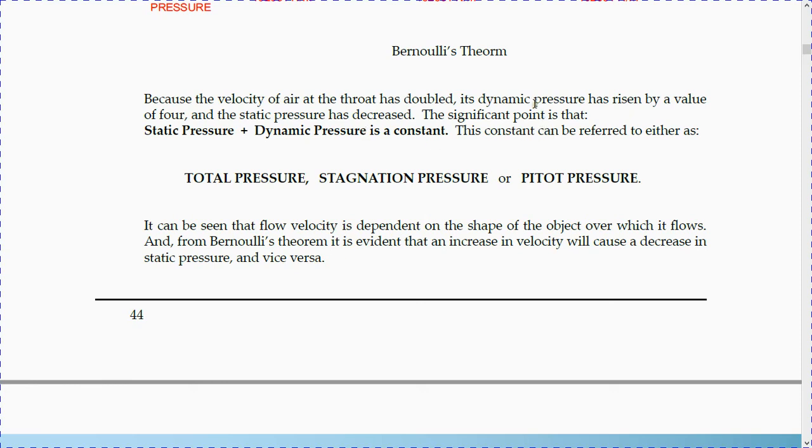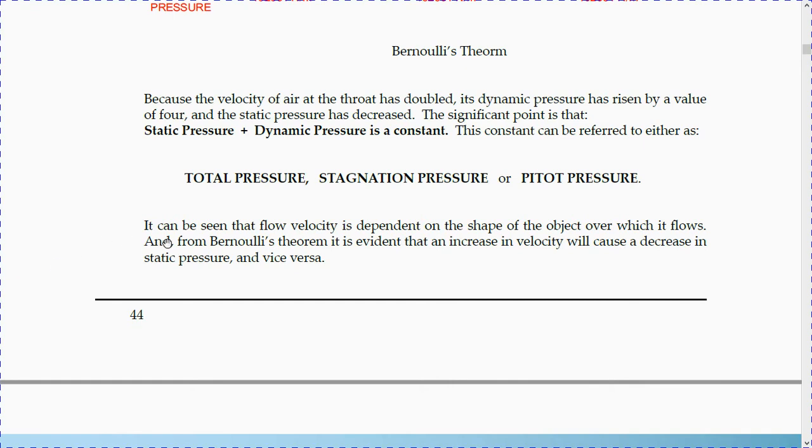This constant can be referred to either as total pressure, stagnation pressure, or pitot pressure. So this is the total pressure or pitot pressure that we were talking about in the previous chapter. Total pressure was static pressure plus dynamic pressure.